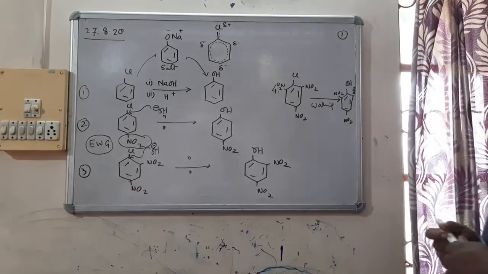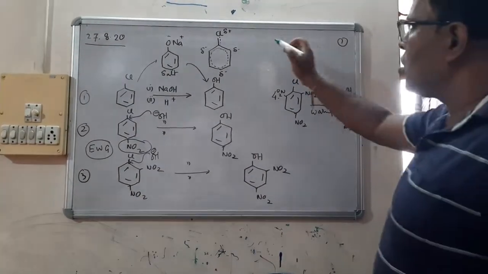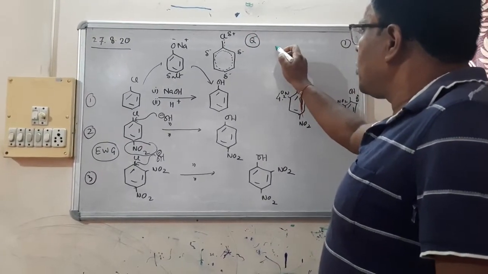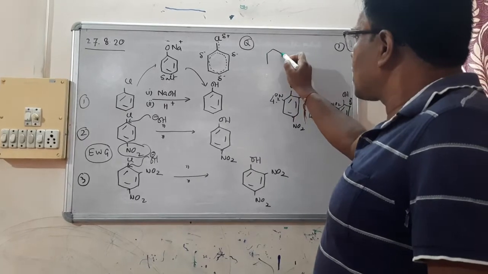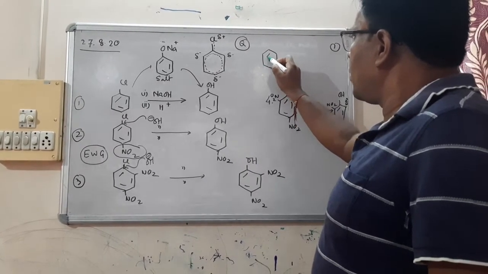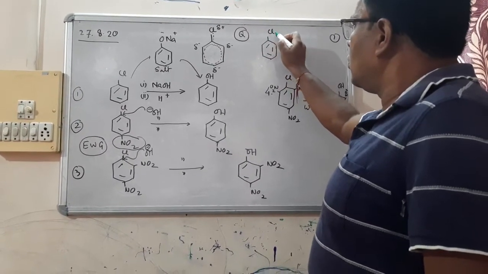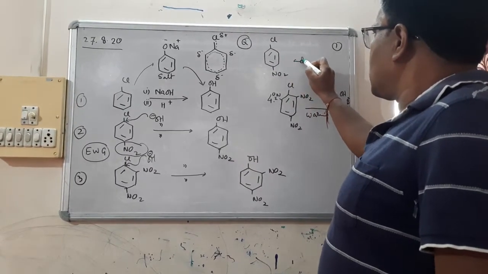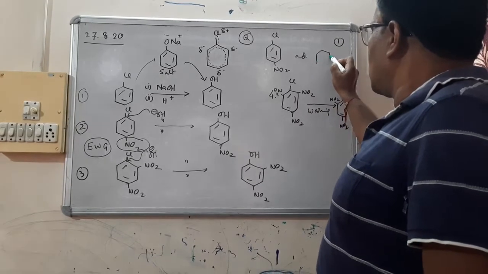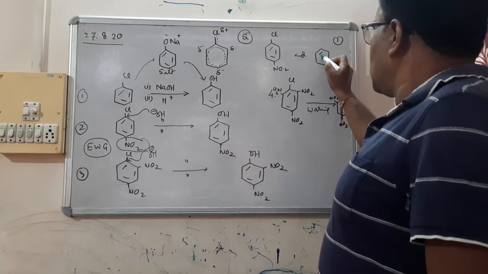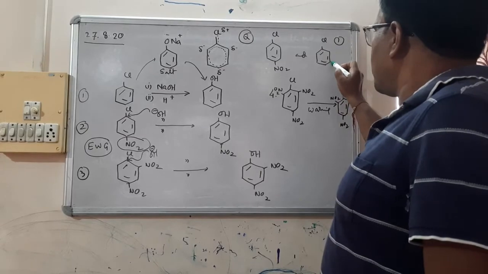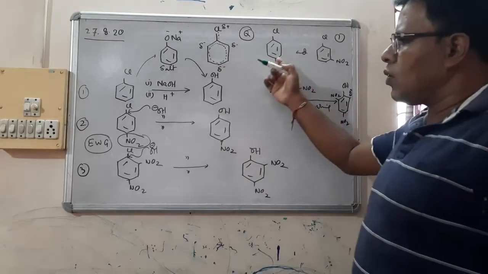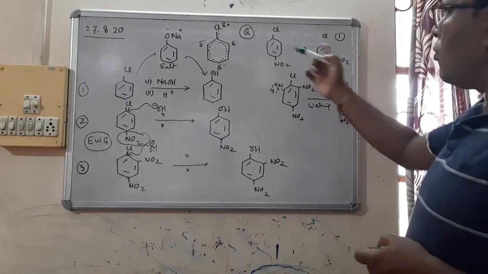Now a question here I would like to ask. Suppose a question is asked, it can come in your exam. Say between this compound and this compound, which one will be more reactive?